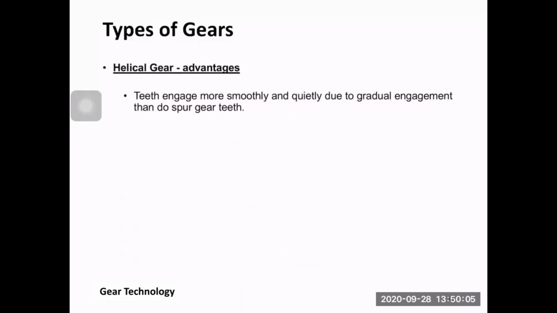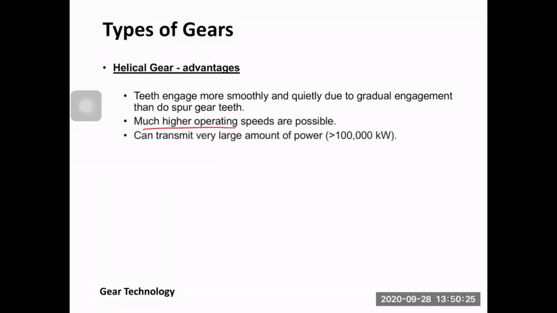So the helical gear's engagement is smoother and quieter compared to the spur gear, because the engagement happens gradually. That's why you can achieve higher operating speeds with helical gears.